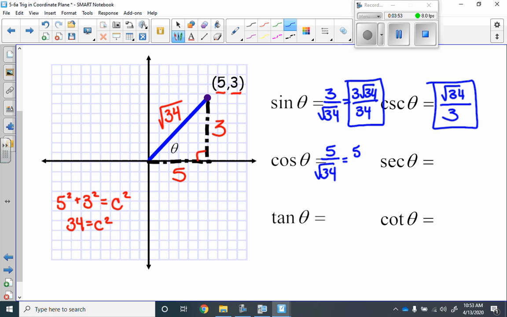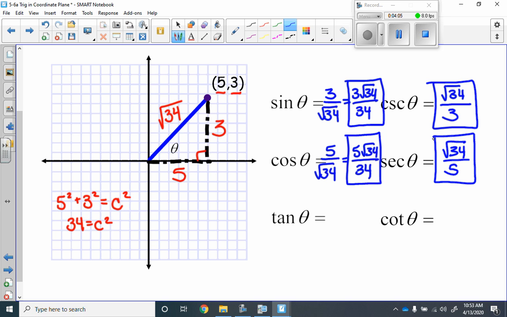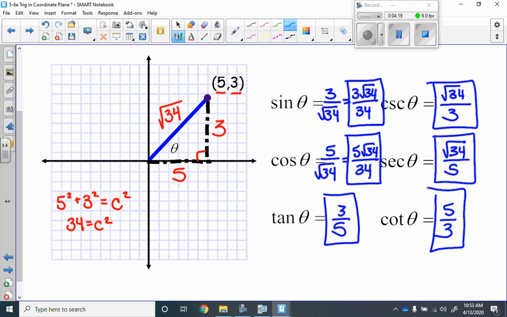Rationalize it, we get 5 square roots of 34 over 34. Secant is the reciprocal of cosine, so square root of 34 over 5. And how about tangent? Tangent is opposite over adjacent, so that would be 3 over 5, and cotangent would then be 5 over 3. And so we have the 6 trig ratios that are associated with the point 5, 3.